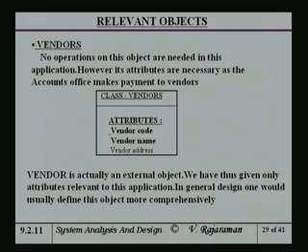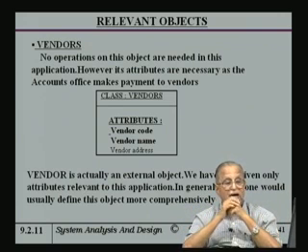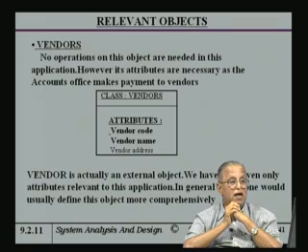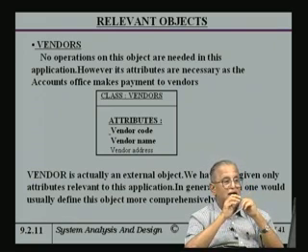So look at vendors. Vendor looks as though it is a potential object because there are attributes like vendor code, vendor name, vendor address, and so on. But there is no particular operation performed on the vendor in this case.